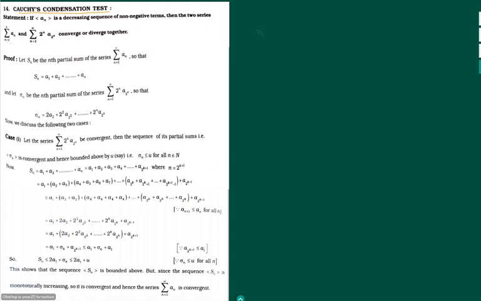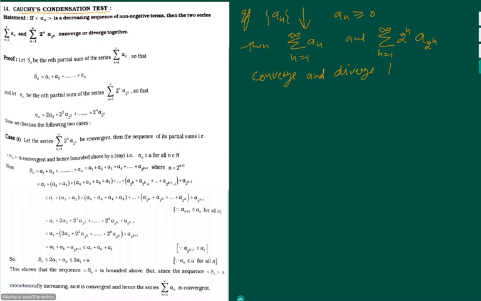What is Cauchy's condensation test? Cauchy's condensation test says that if an is a monotonically decreasing sequence of non-negative terms, then the series an and the series 2 raised to the power n, a of 2 raised to the power n, where n varies from 1 to infinity, converge and diverge together.